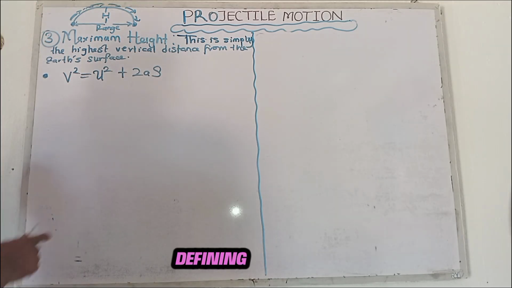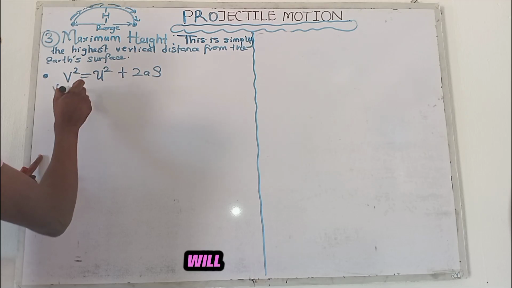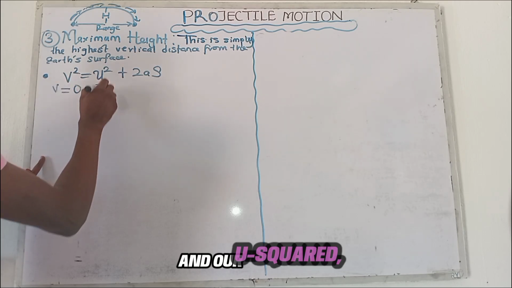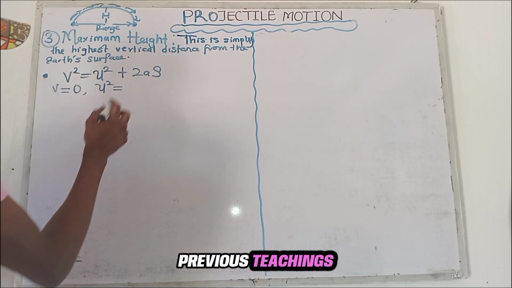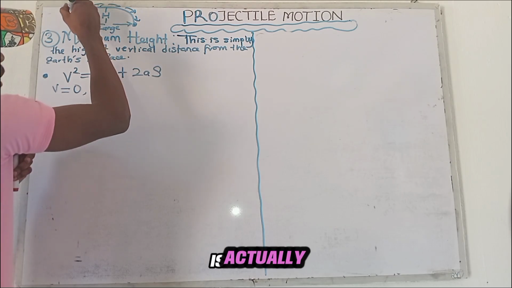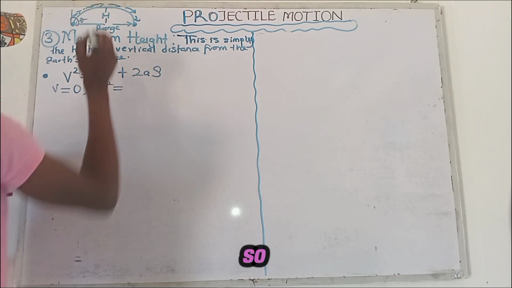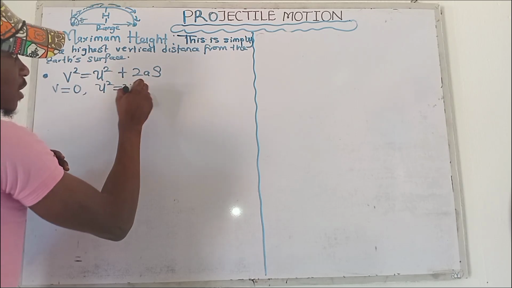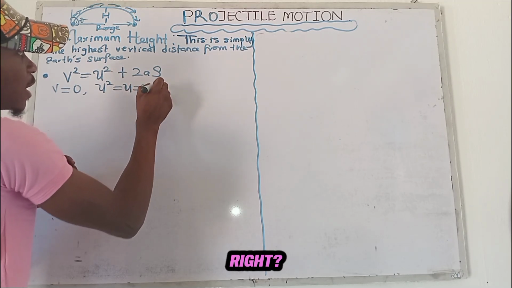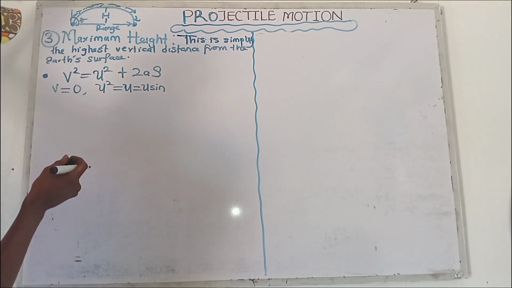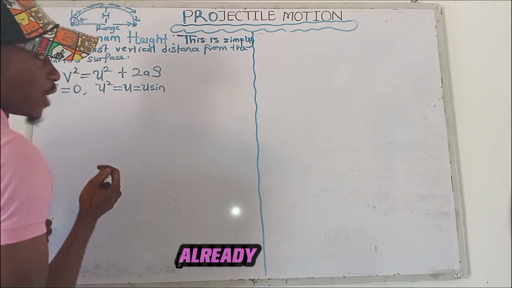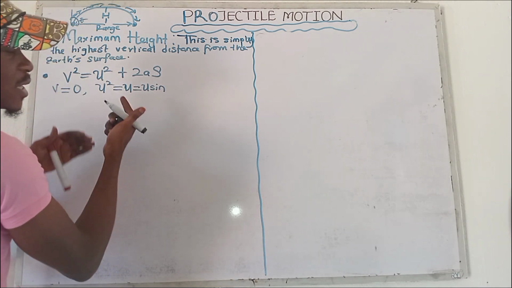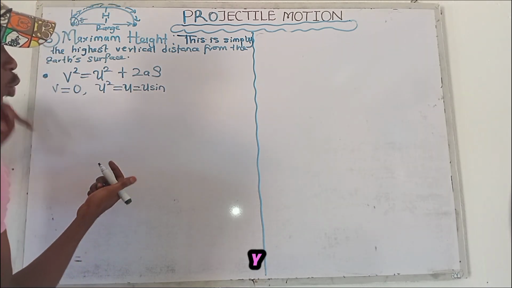So defining that, our v here, velocity, will be equal to 0, and our u squared, don't forget from previous teachings that our projectile is actually inclined at an angle theta, so let's begin with u first. U is u sine theta, right? We are moving according to the y dimension, and in the previous video I already explained why we are going with sine theta when we are referencing the y dimension.